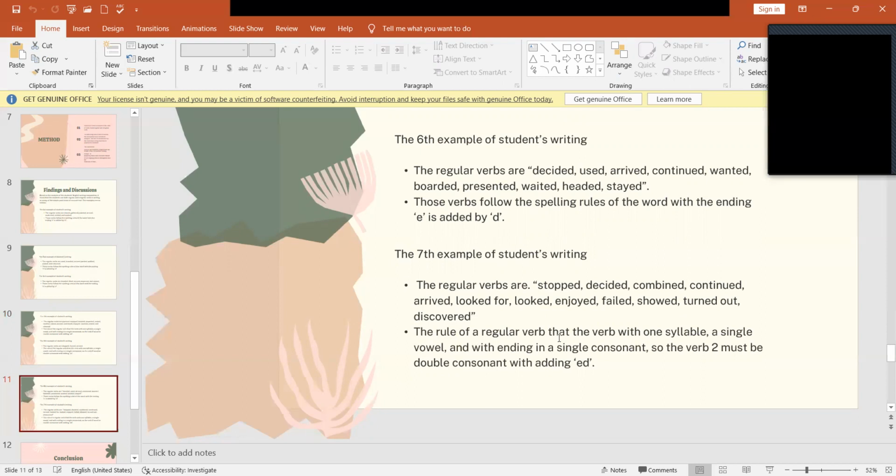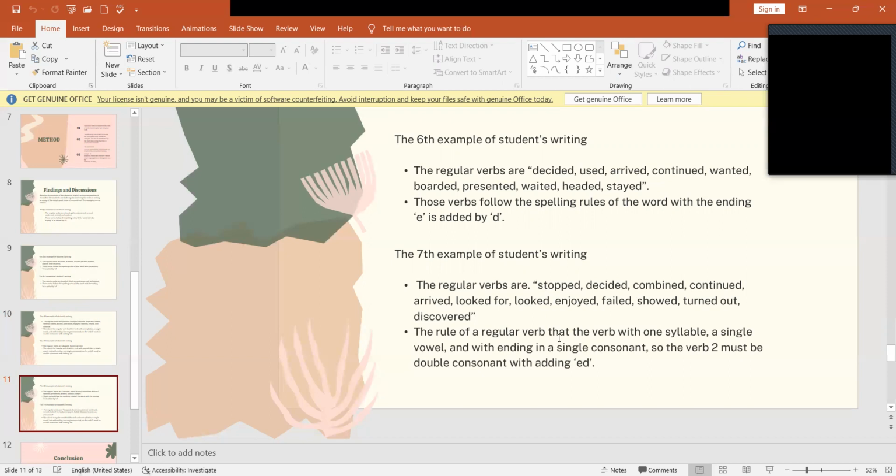And then the next is the seventh example of students' writing. The regular verbs are stopped, decided, combined, continued, arrived, looked for, looked, enjoyed, failed, showed, turned, turned out, discovered. The essay showed that the student used regular and irregular verbs in his or her writing.